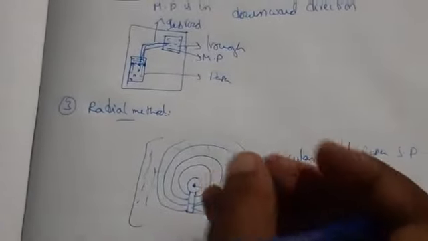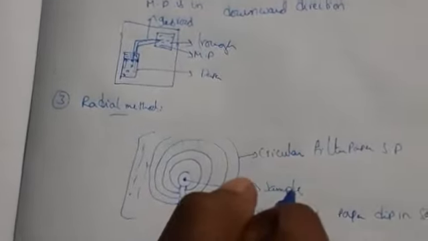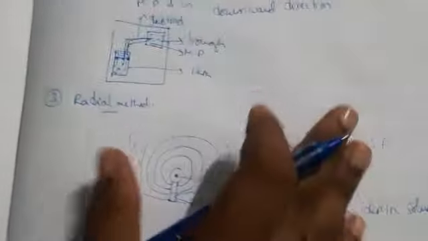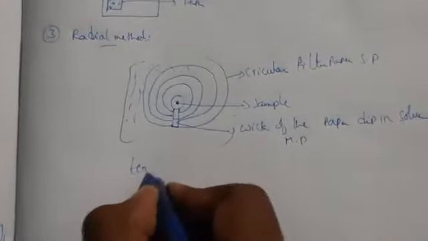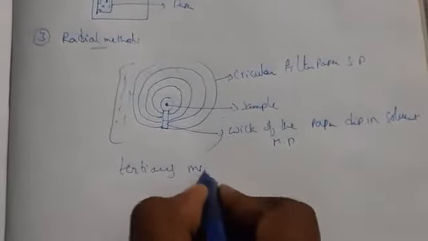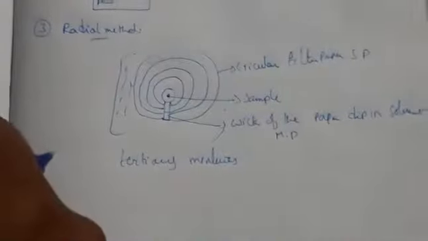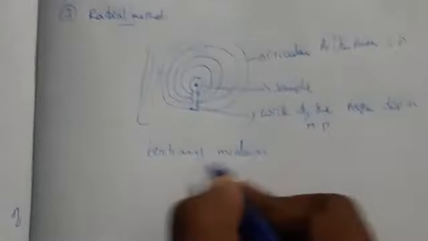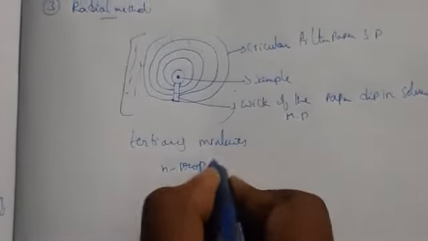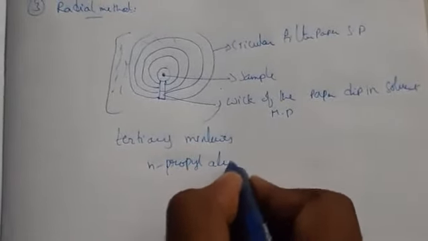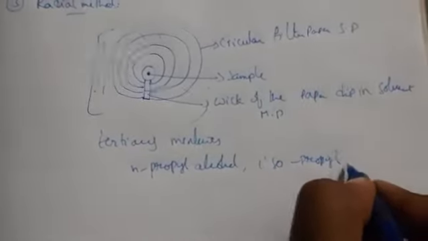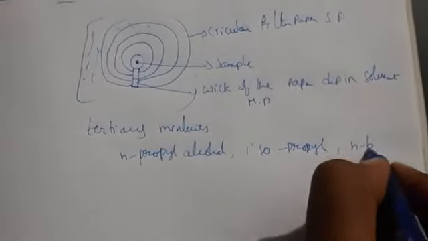Okay, so we are going to use a number of solvents in paper chromatography. Here the choice of solvent depends upon the components being separated. Mainly we take ternary mixtures for separating in paper chromatography. One component of the mixture is an organic solvent, that is N-propyl alcohol, isopropyl alcohol and N-butyl alcohol.